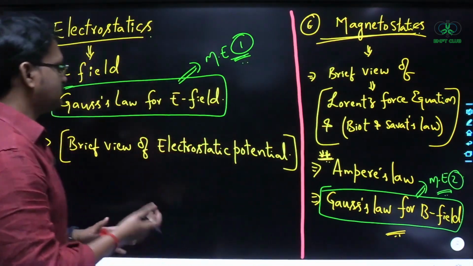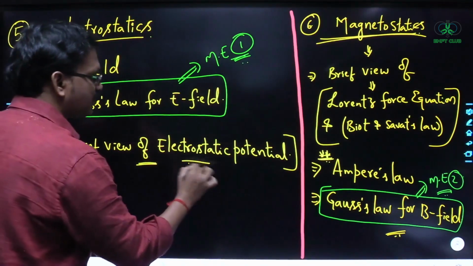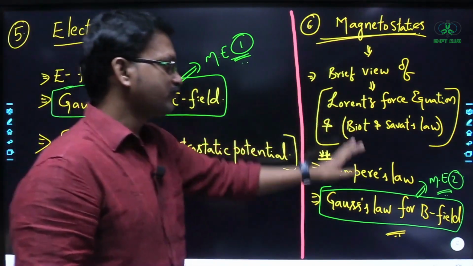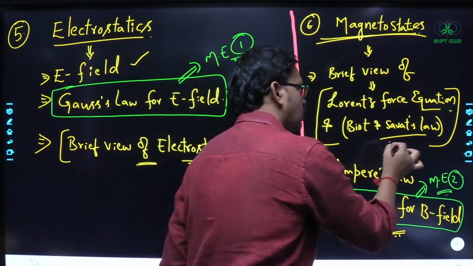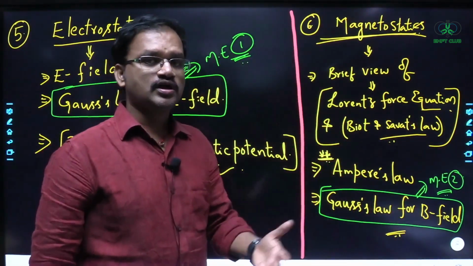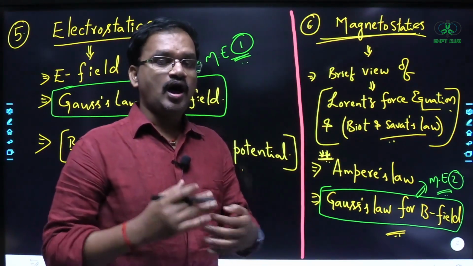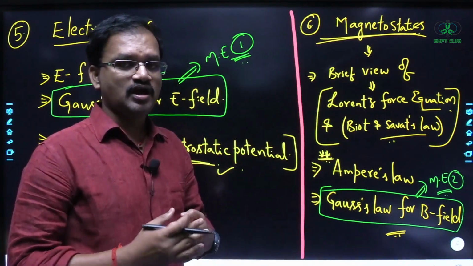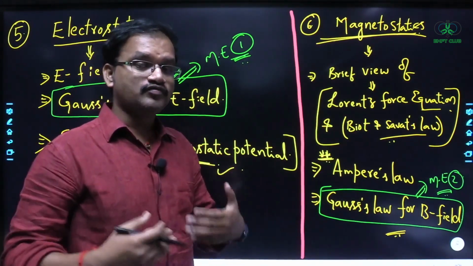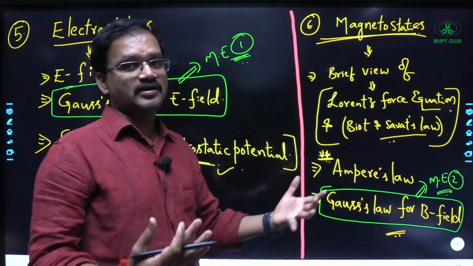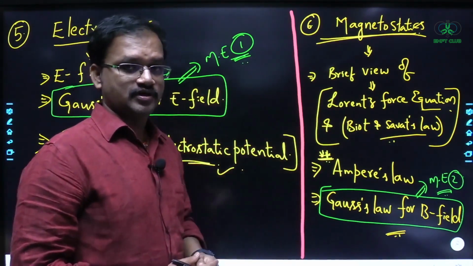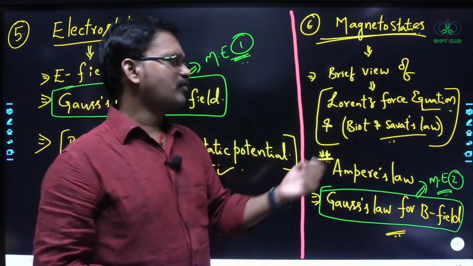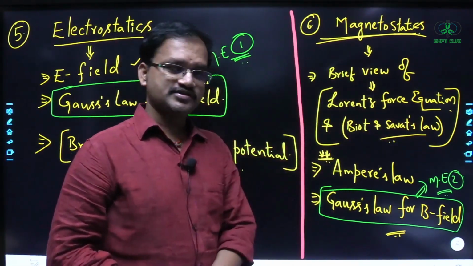That's why you must have some brief view of electrostatic potential, electric field, Lorentz force equation, and Biot and Savart's law, so that you will get an idea how to deal with electric fields and magnetic fields, and also an idea of the characteristics of the electric field and magnetic field if you study these topics here. So irrespective of the syllabus, you must have at least a minimum idea of these topics, right?